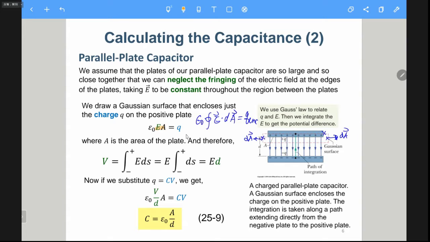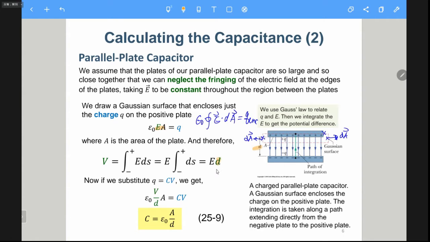Okay, this is Gauss's law, and then we make use of the other expression. E is a constant, so we can factor it out, and integrating ds from negative to positive is nothing but the distance between the two plates, which we define as d.